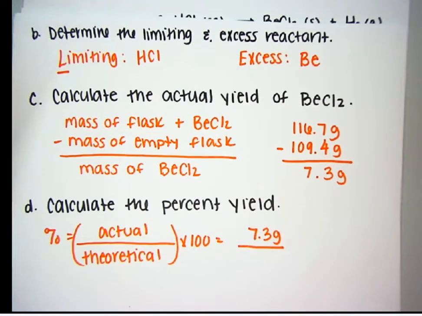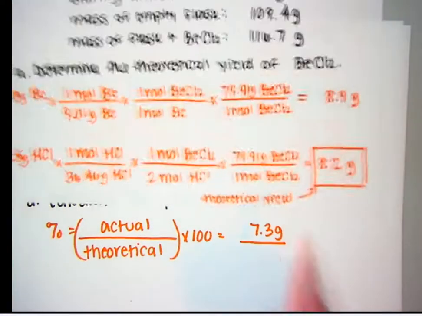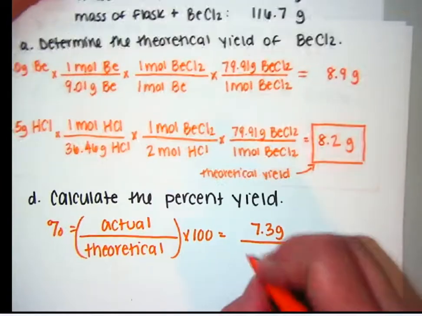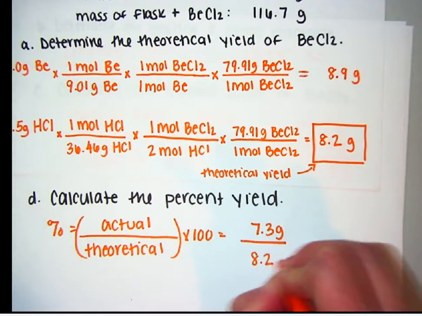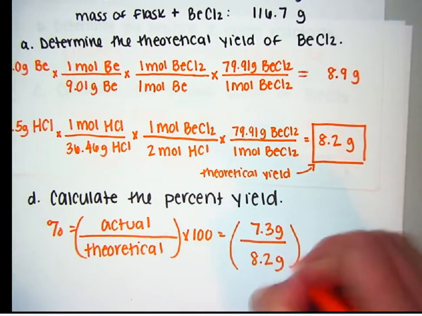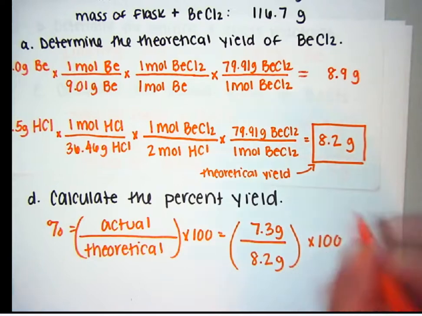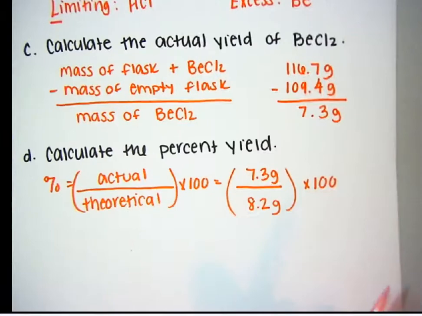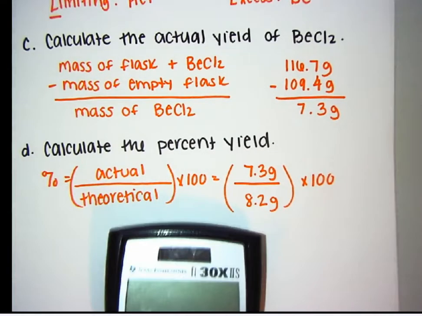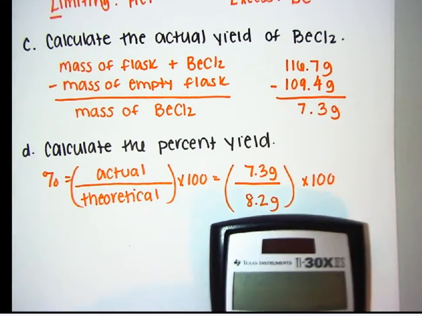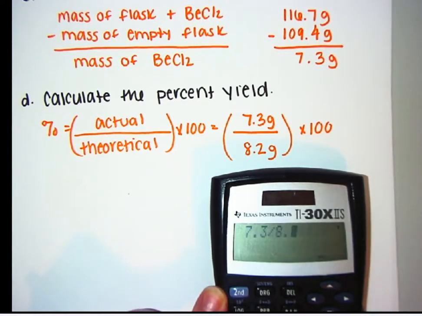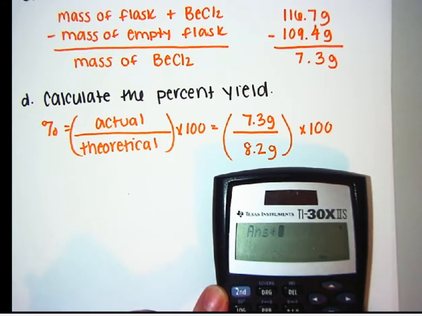Back in question A, our theoretical yield, 8.2 grams. So theoretically, if everything went perfect, we should have made 8.2 grams. In reality, we actually made 7.3 grams. So we can now calculate our percent yield. 7.3 divided by 8.2. And then to get that to percent form, we can multiply by 100.